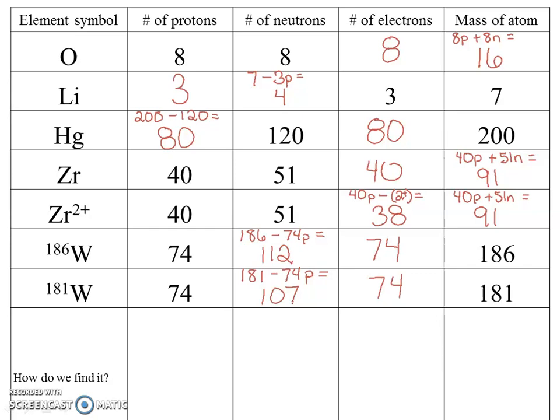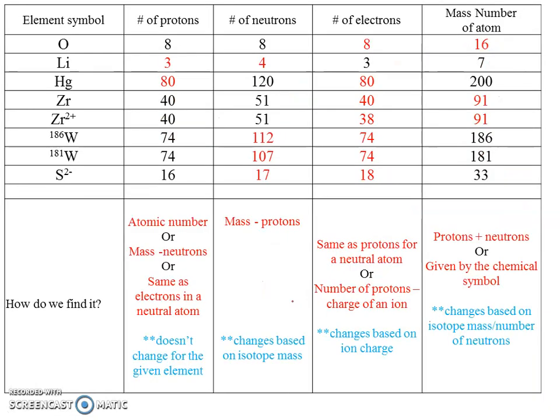So as we've gone through, we've discussed how we find these numbers. The slide here shows both the answers that we calculated throughout this video, and in the bottom section it includes all the different ways that we have learned so far in order to calculate those numbers, depending on what information we are given.